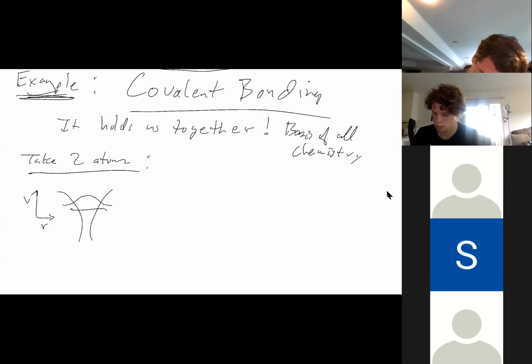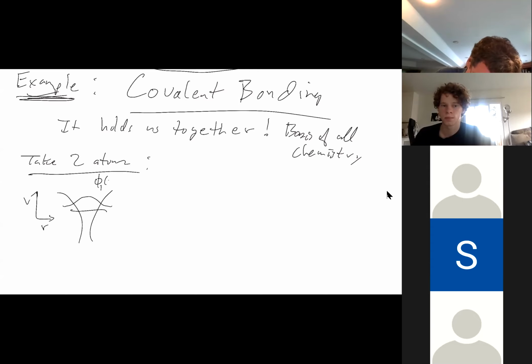I have some eigenstate, I'll call it phi 1 of R. I have some orbital of an atom.